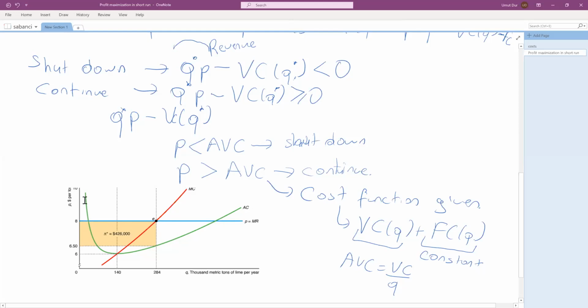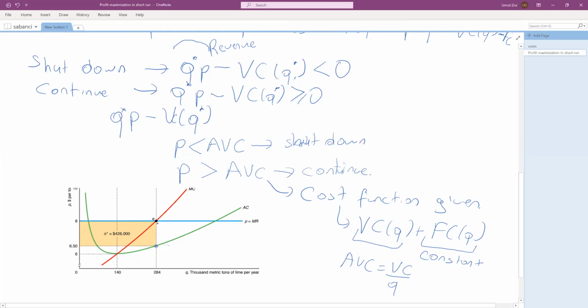If this is the average cost, the average variable cost will lie below this. So it will be something similar. And what does it tell us? If the price level is greater than the quantity you are seeing at this point, then you will produce.